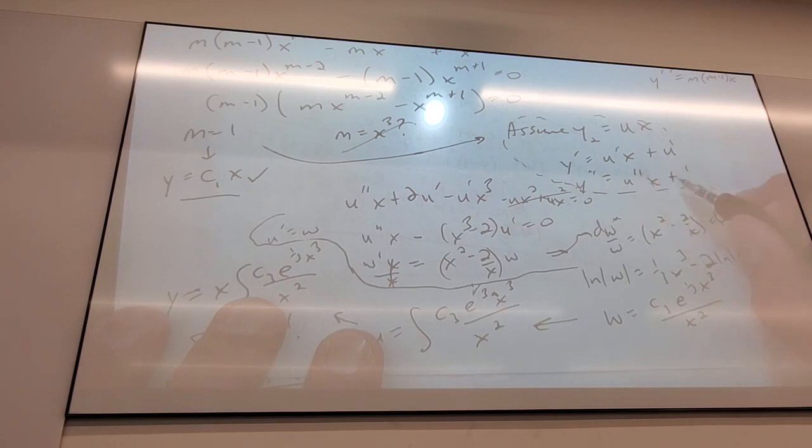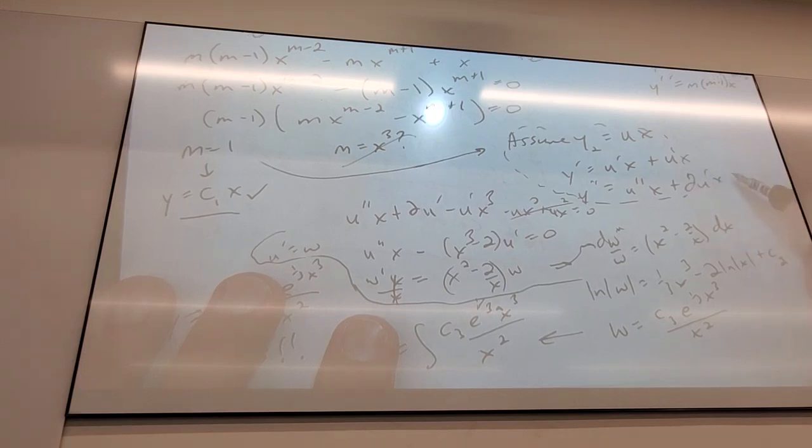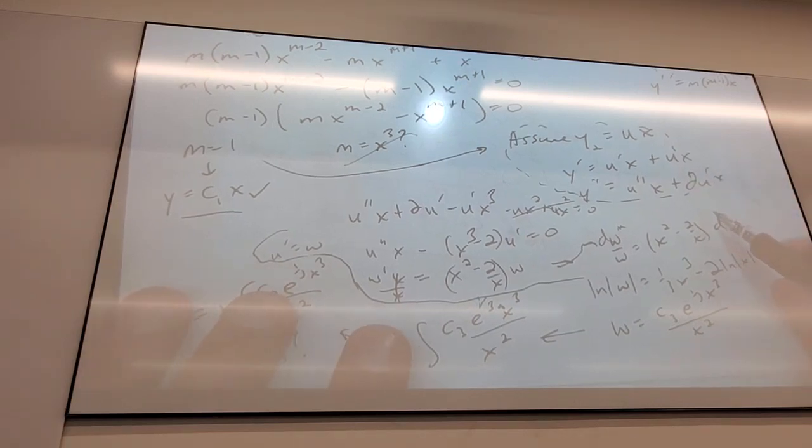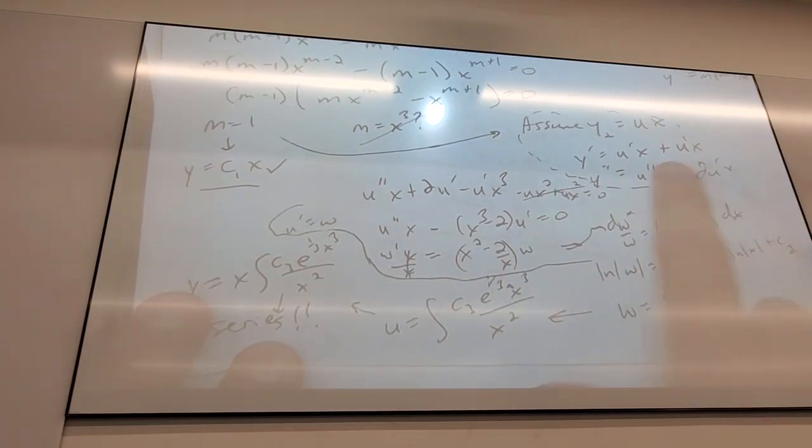U double prime x should be plus u prime x prime. Yeah, here, I lost this. Why didn't this come through? That's weird. And then this would be plus 2u prime x prime. I'm not sure what happened to this poor little dude. Anyway, if you work this out, some stuff didn't come through here. You get to this point.